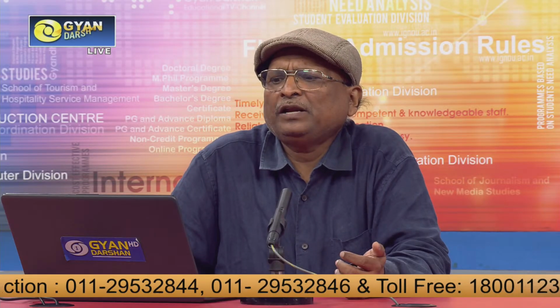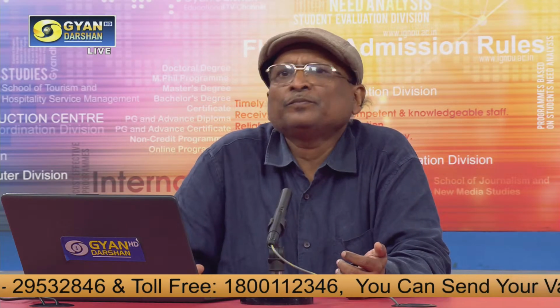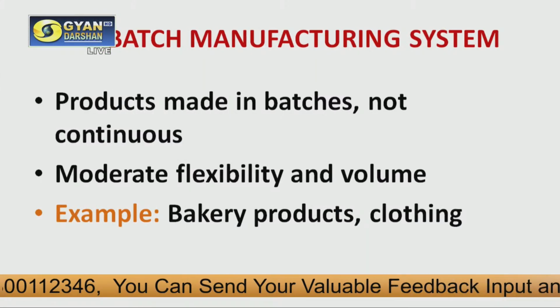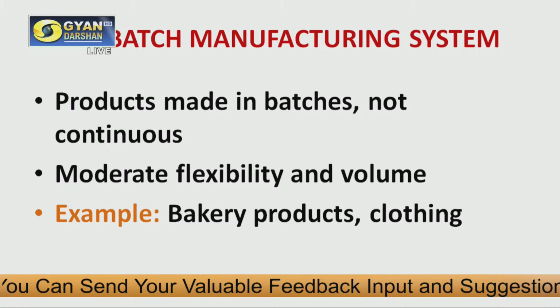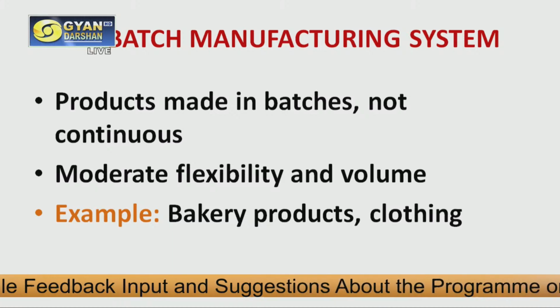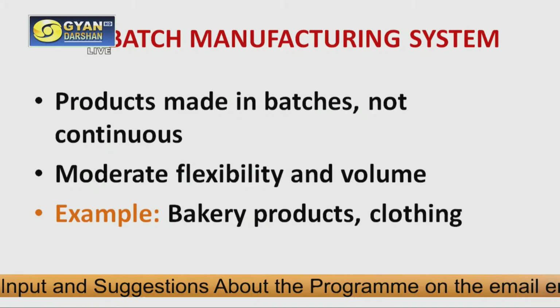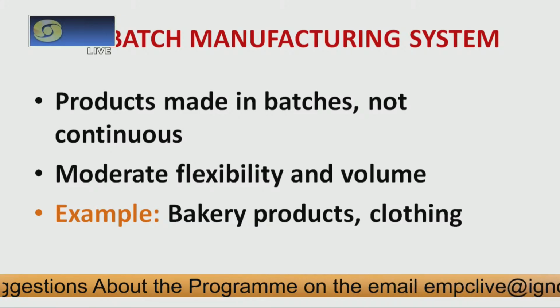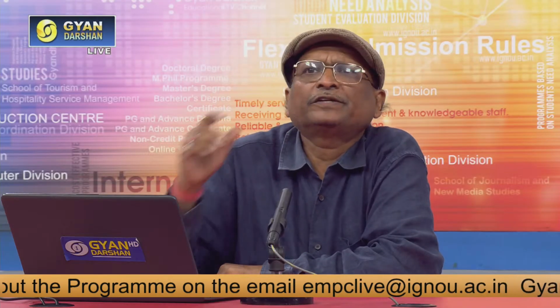Examples are a bakery shop, or textile and clothing, where a particular size is manufactured or produced in one cell. This is called a batch manufacturing system.